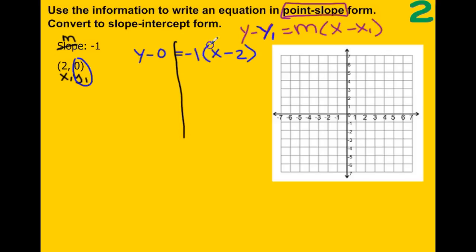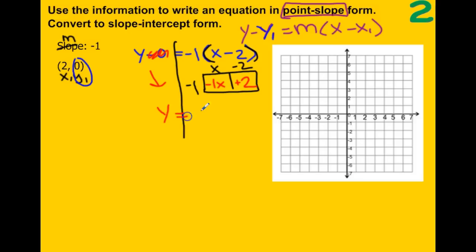So first, let's get rid of these parentheses by distributing, drawing our box. Out front, our teacher is negative 1, and our classroom is x minus 2. We're distributing, multiplying. I know negative 1 times x is just negative 1x. A negative times a negative makes a positive, and 1 times 2 is 2. So we have y minus 0. Well, y minus nothing is just y. We really don't need minus 0.